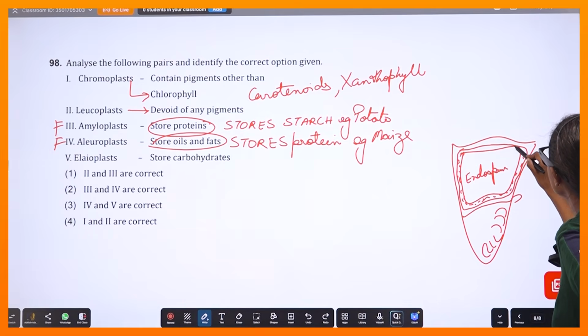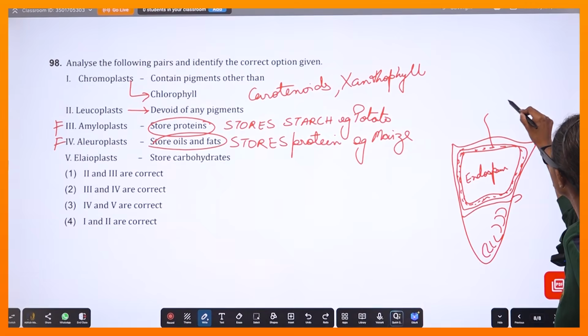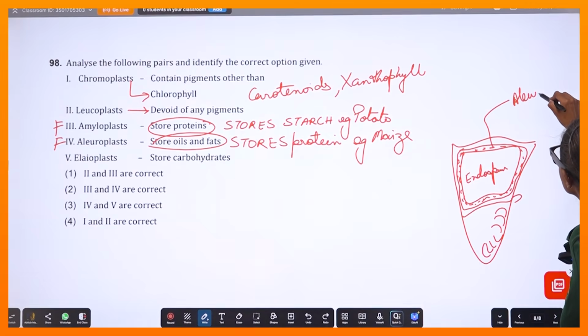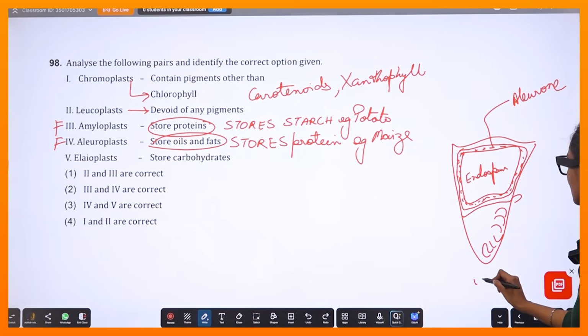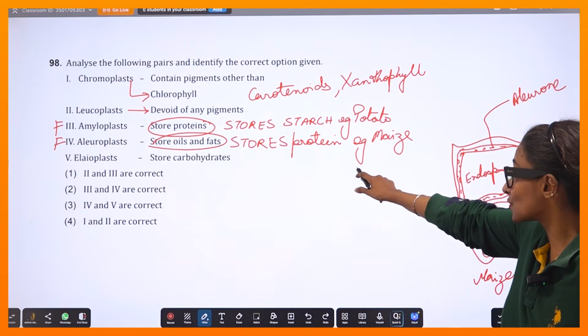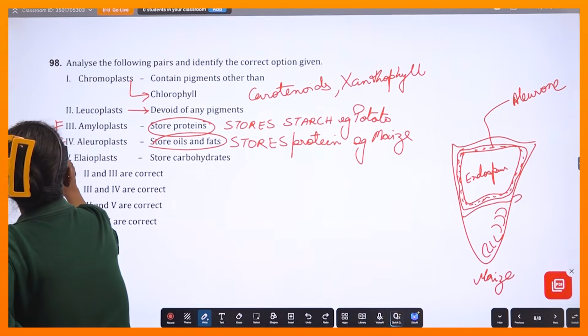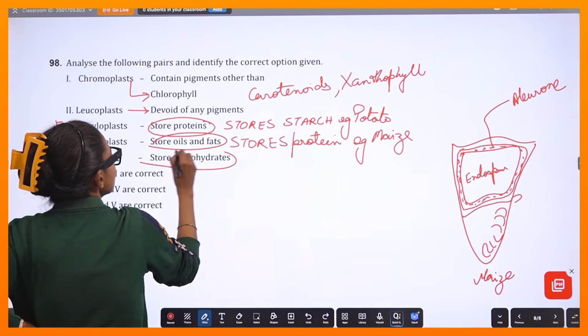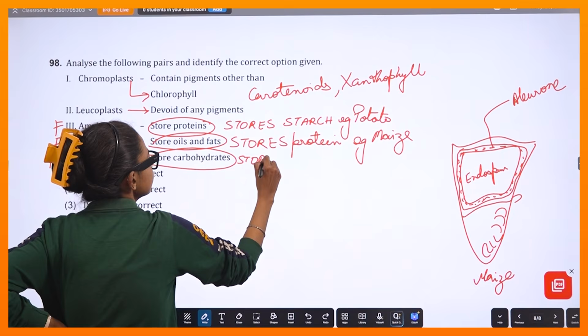Remember? In maize, this dotted area is aleurone. So, aleuroplast, maize, stores protein. Elaioplast, again false, stores fats.